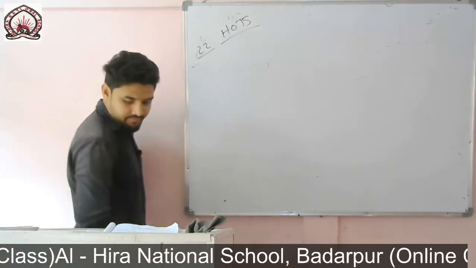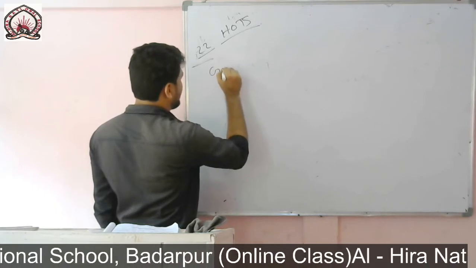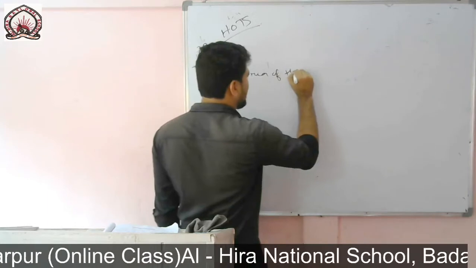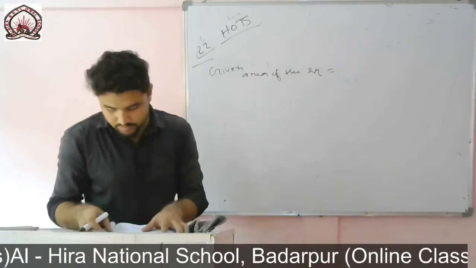So write, given area of the square equals 49 centimeter.